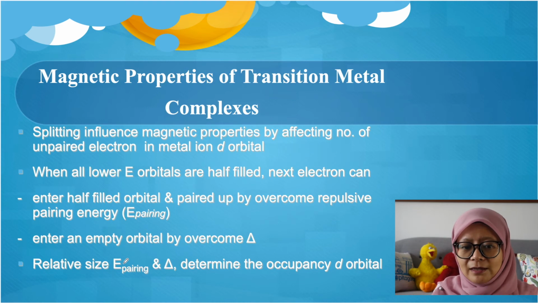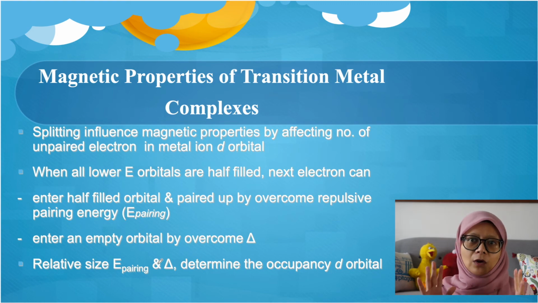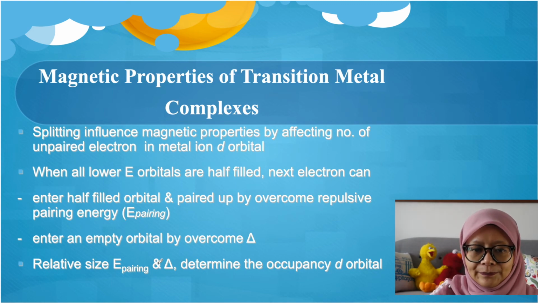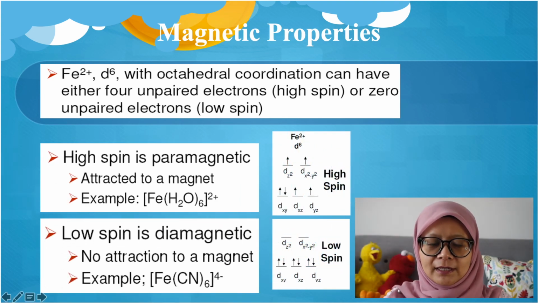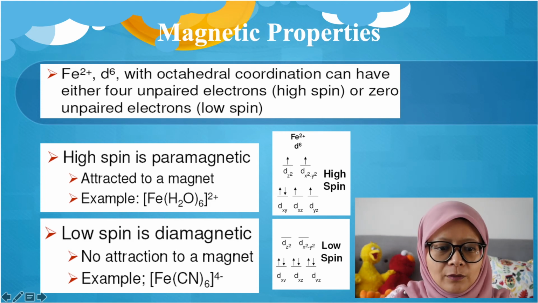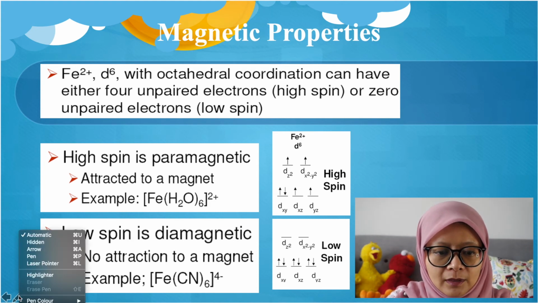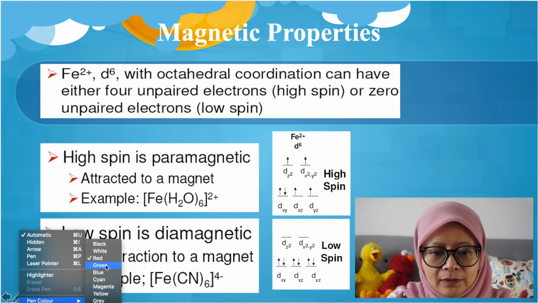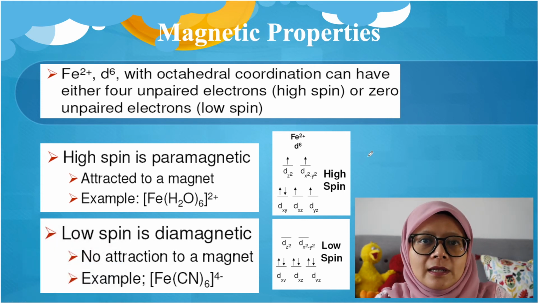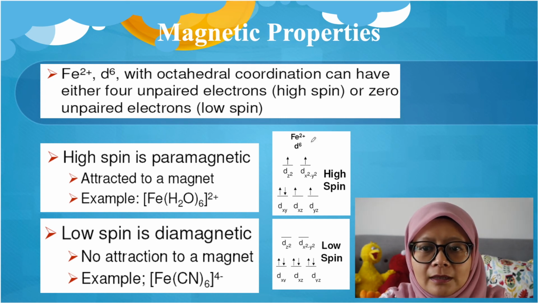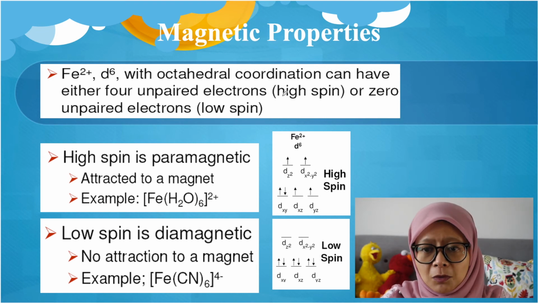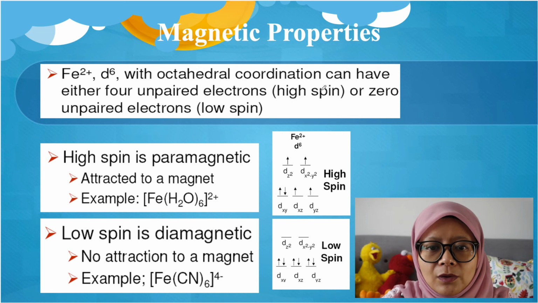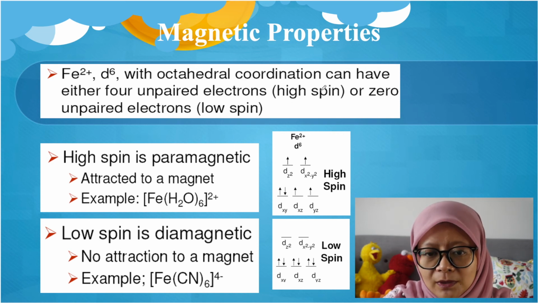So the relative size of the pairing energy and the delta determines the occupancy of the d orbitals. For the example here, we have iron 2+ with d6 electron configuration. It is an octahedral compound that can have either 4 unpaired electrons, forming a high spin complex, or 0 unpaired electrons, forming a low spin complex.